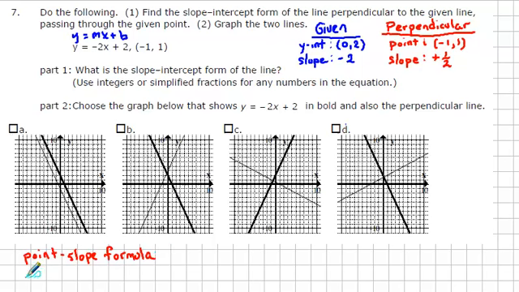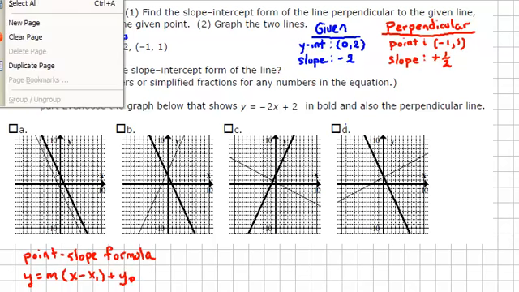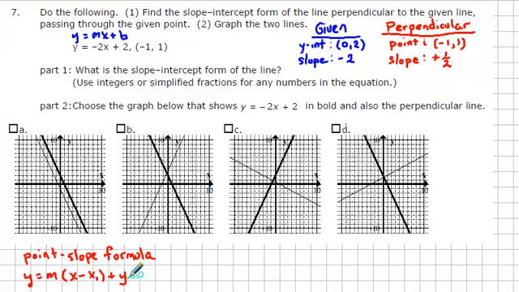The point-slope formula is y is equal to m times x minus the x-coordinate of a point on the line plus the y-coordinate of a point on the line. So that's y is equal to m times the quantity x minus x1 plus y1.